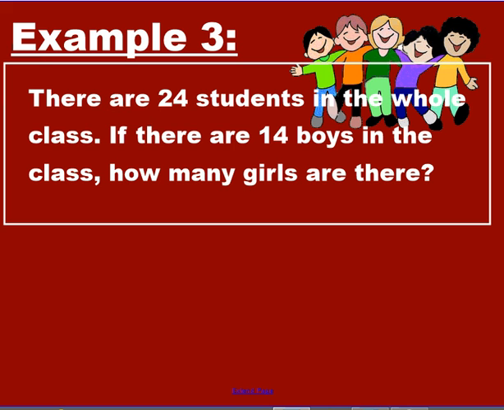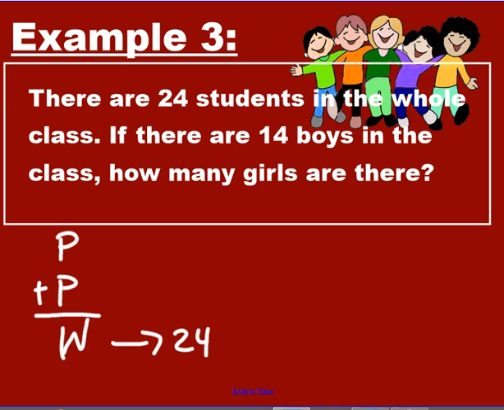So my part plus the other part is going to equal the whole. How many students total are there? What's the whole? I have 24 students. How many boys do I have? 14 boys. So there are only boys and girls in my class. So how many girls are there?